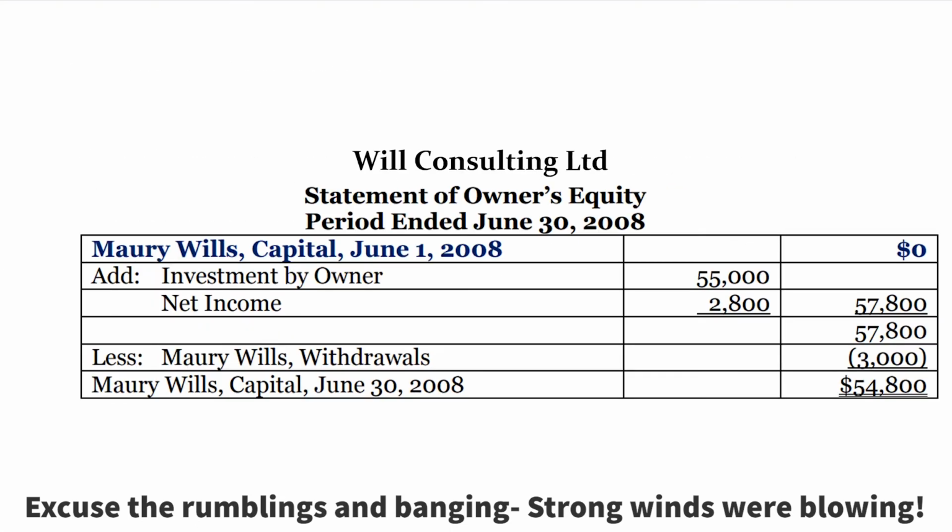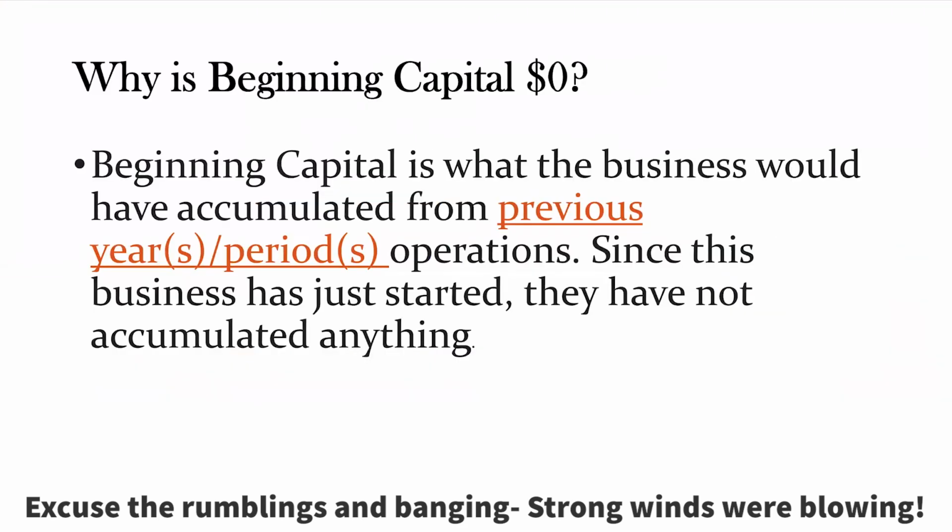But you're seeing in blue your beginning capital on June 1, 2008, to be zero. So why is beginning capital zero? But first, what is beginning capital? Beginning capital is what the business would have accumulated from previous years and previous periods of operations, right? But remember, this business had no prior periods of operation.